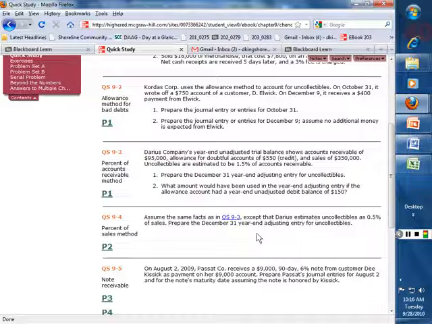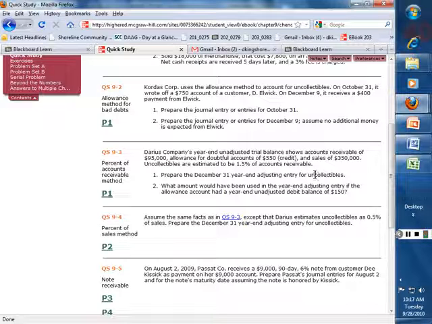Yeah, you're going to give it to me, but I'm going to ignore it. So it's a direct calculation, and that calculation gets journalized. Because you're saying to yourself, that's my bad debt expense. When you calculate a percent of receivables, you're saying, I want to set the allowance to be that percentage. You're not saying that with the percent of sales method.